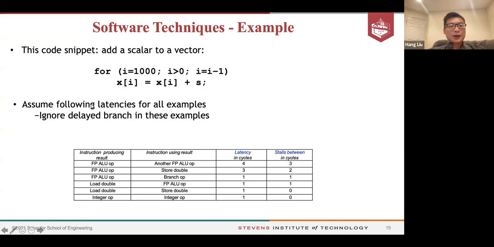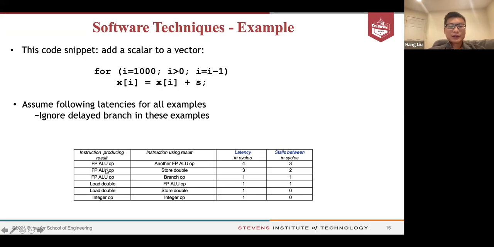Assume we have the following latencies. A floating point operation using the result from another floating point ALU operation has a latency of 4 cycles, so the stalls would be 3 cycles in between. I'm sorry, the floating point operation produces the result for another floating point operation: the stall is 3.